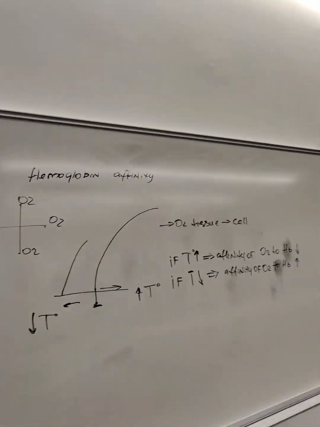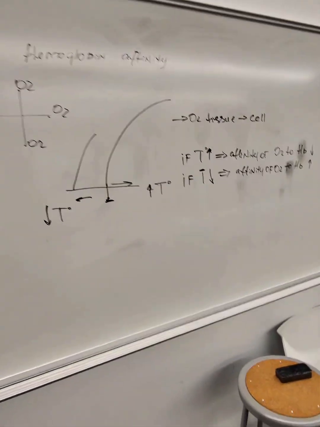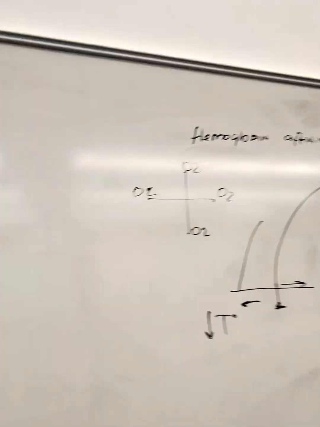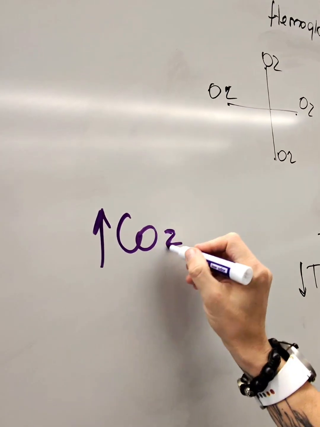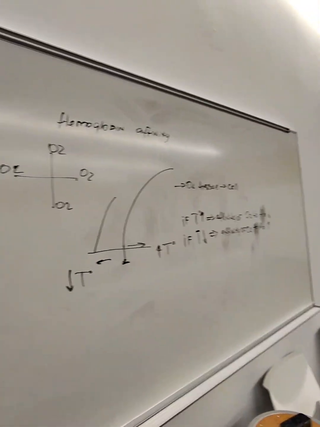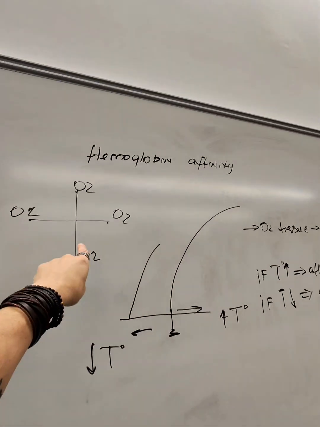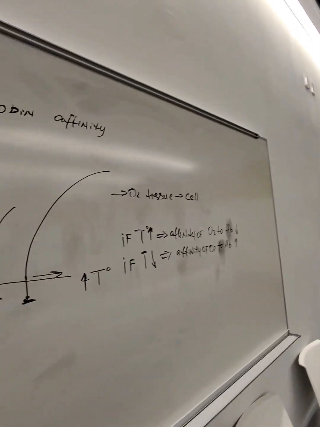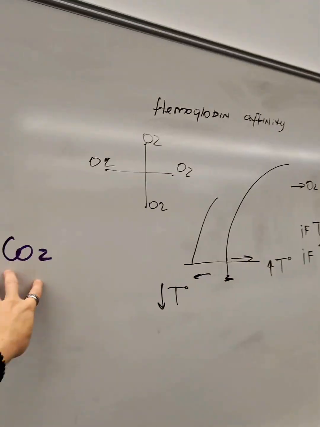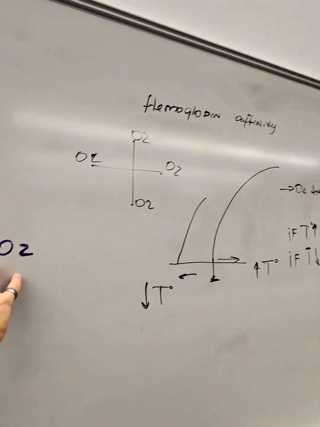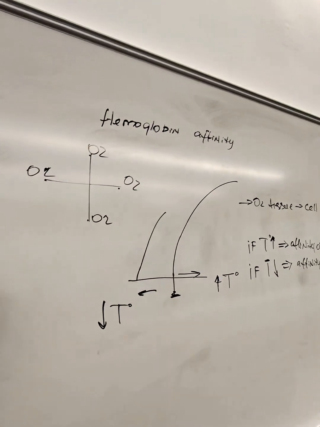Now let's bring in the conversation of increased carbon dioxide. If there's a buildup of carbon dioxide within the system, that becomes a toxic environment, right? Then the affinity of oxygen to hemoglobin also changes. So if you have a toxic environment, an increase of carbon dioxide that your body wants to get rid of, right?